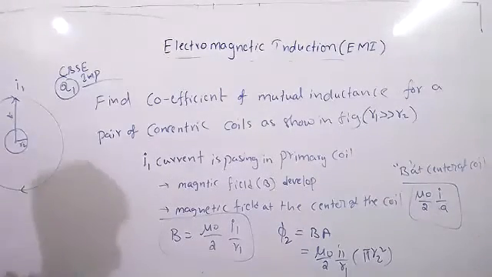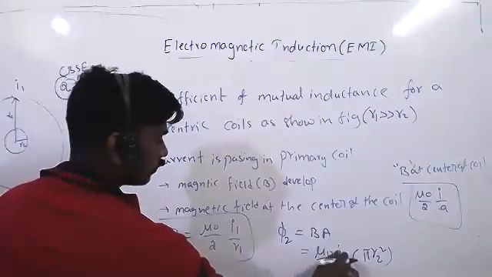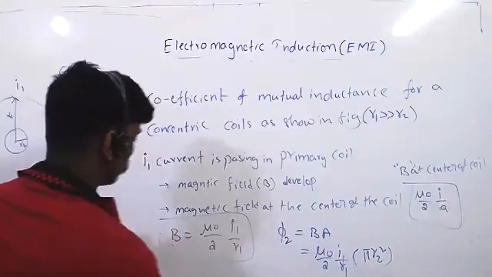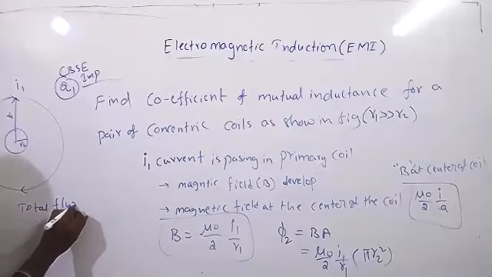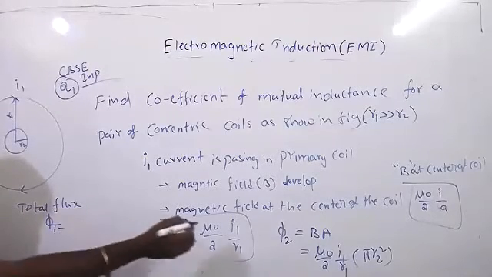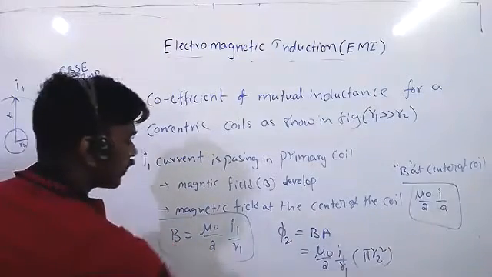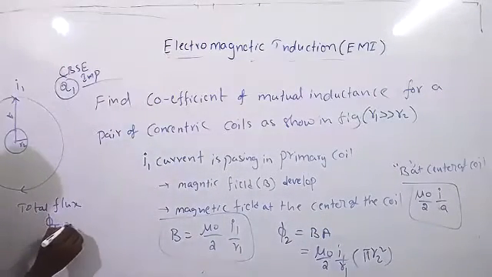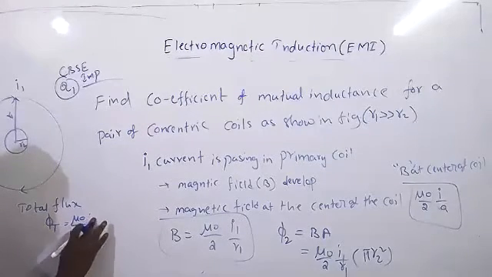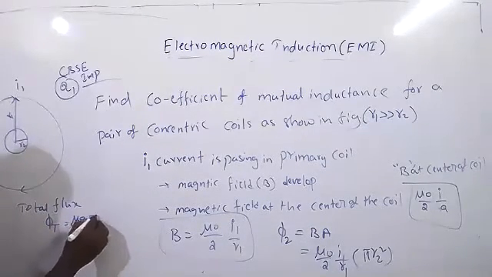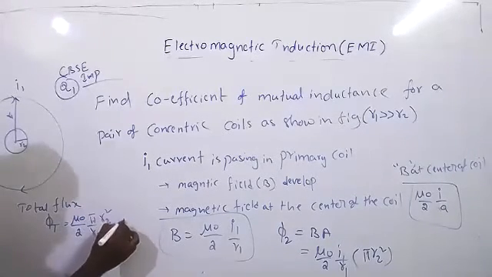So total flux, Φ total equal to that much flux. So this is the total flux. μ0 by 2 I1 by R1 into πR2 square, into I1.